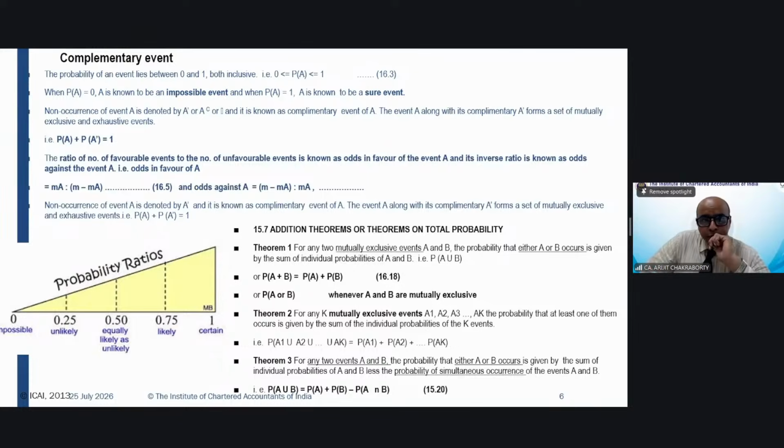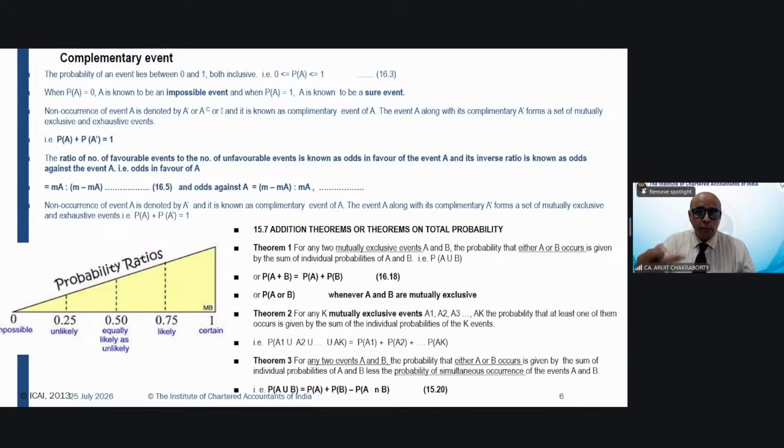So if you feel that these two events are not mutually exclusive, we will use the formula as per theorem 3. We will find the probability of either A or B occurring using P(A) plus P(B) minus P(A intersection B). First we see the probability of A, then add the probability of B, and from there we deduct the probability of A intersection B.